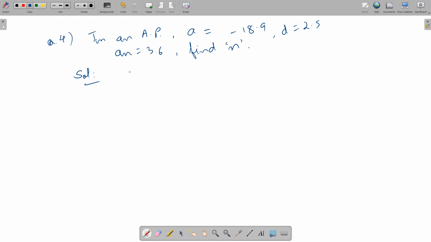So solution, first of all we write down the general term an equal to a1 plus n minus 1 into d, and then put the values of a1, then value of an and the value of d, and n we keep as it is. So here an is 3.6, so 3.6 equal to a1 is minus 18.9 plus n minus 1, d is 2.5.